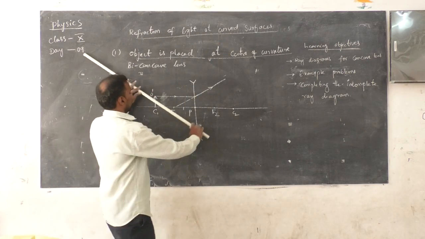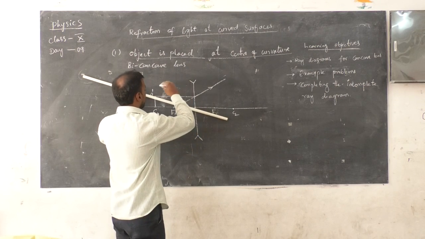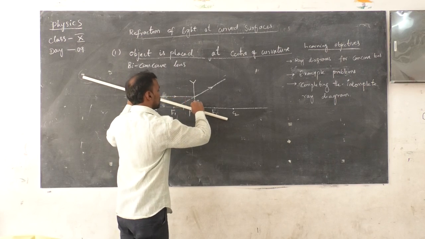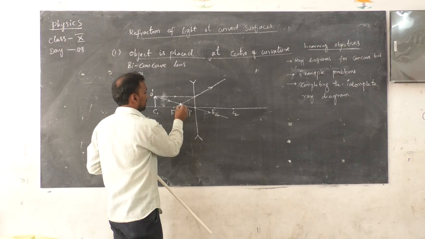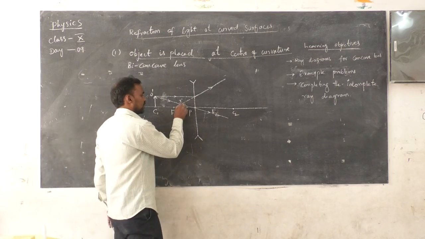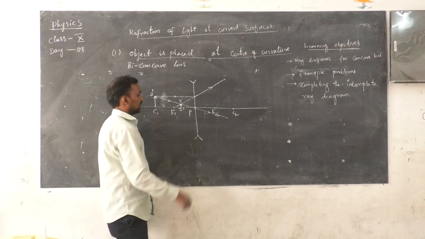Similarly, for the second situation, from the same point, if you draw a line passing through the optic center, the two rays will meet at one point, that is I dash, the image point.